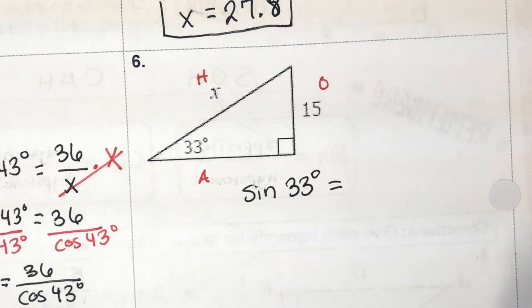What does your thing say? Sine is what over what? That ain't what sine says. I'm just asking you, without numbers, read your foldable. Sine is what over what?